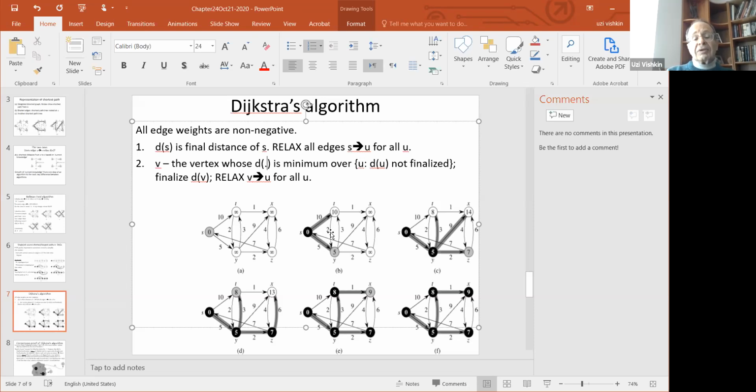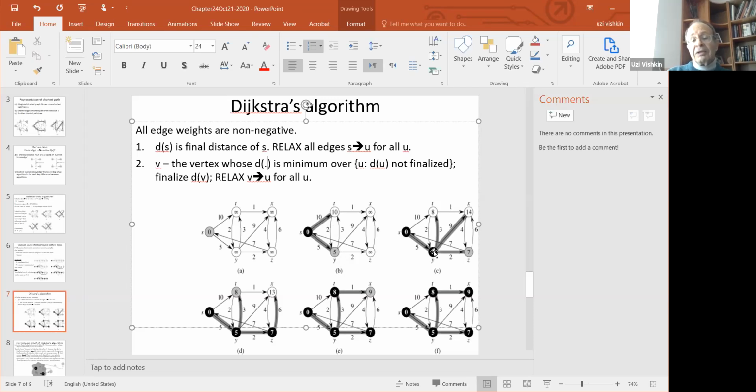After this round, we look at the 4 vertices which have not yet been finalized, T, X, Y, and Z. Which one has the minimum D? Clearly Y, which has 5, right? Because we have 5, 10, infinity, infinity. 5 is the smallest. So we finalize the distance to Y, okay?